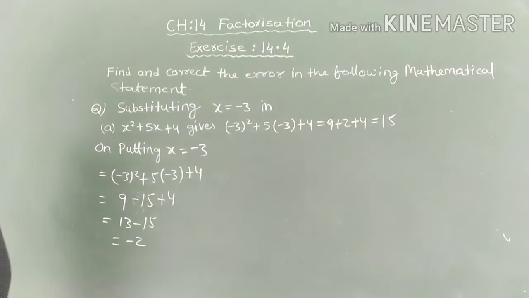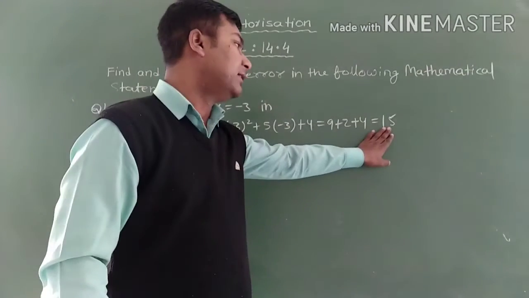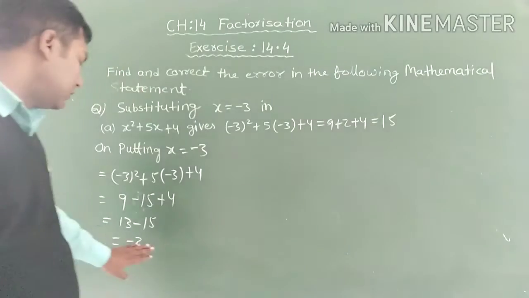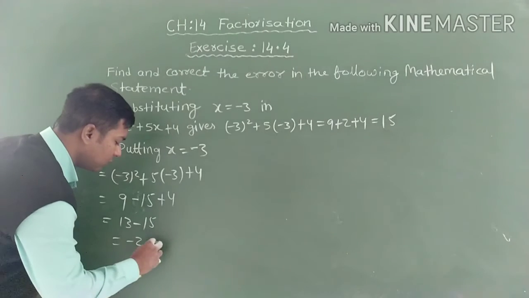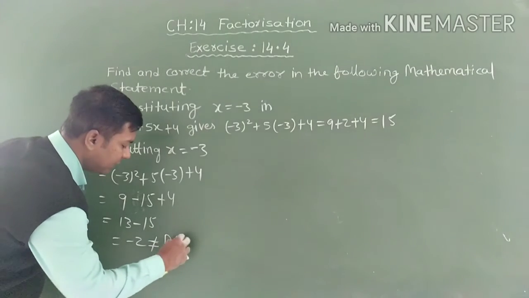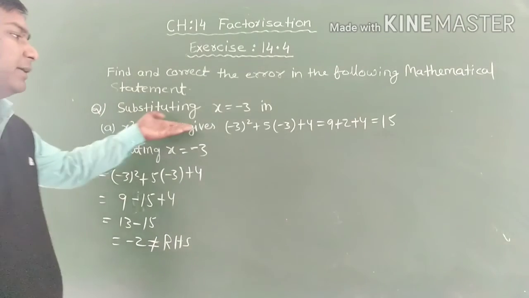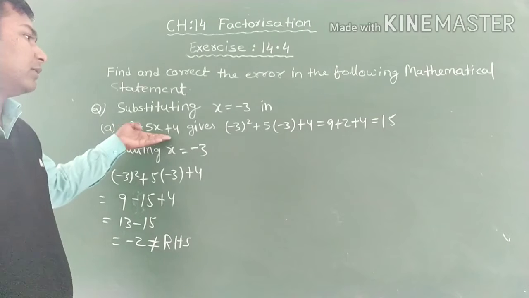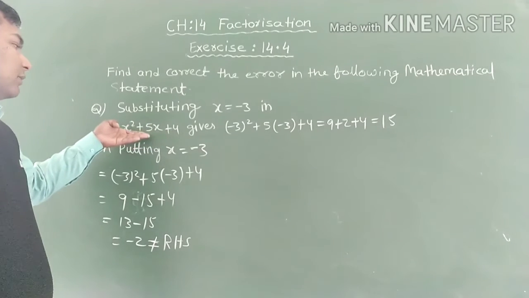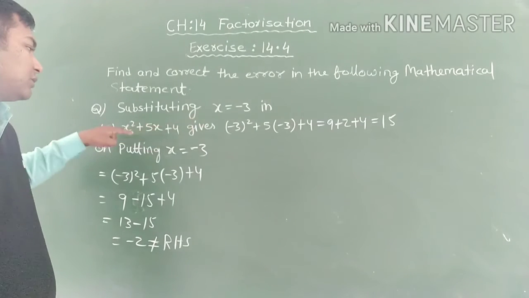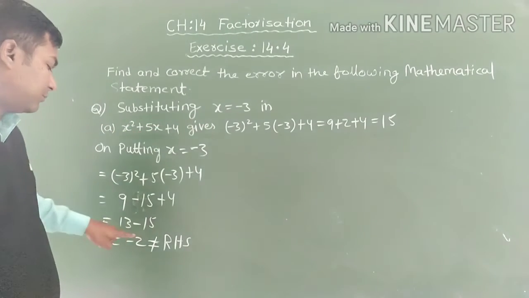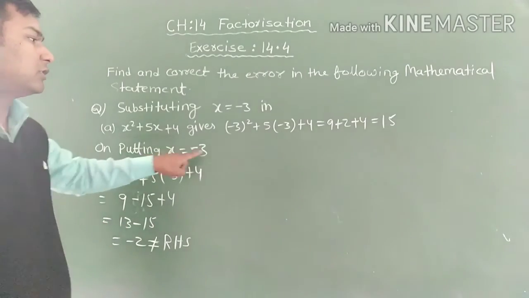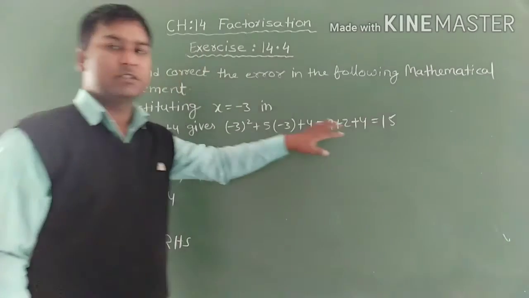Okay. And what is given here? 15. That means this is not equal to RHS part. Okay. And this is an incorrect statement. On putting x equals to minus 3 in this equation, we get minus 2, not 15. Okay. So this is the correct statement.